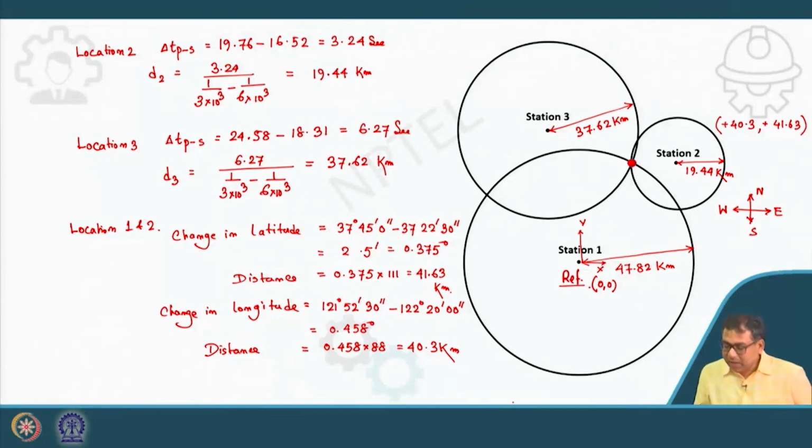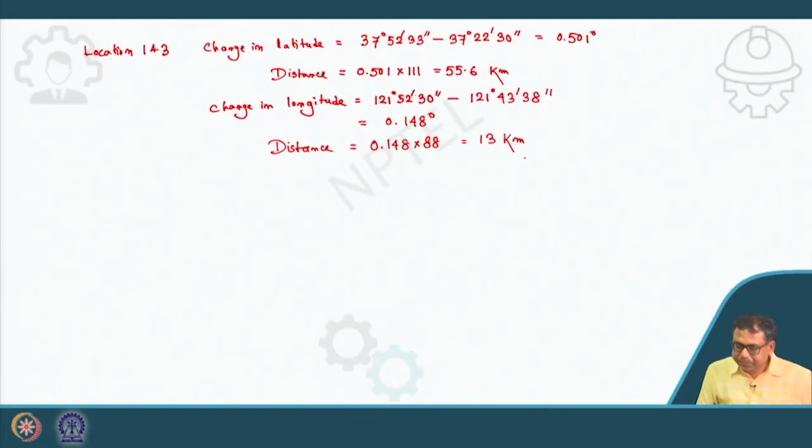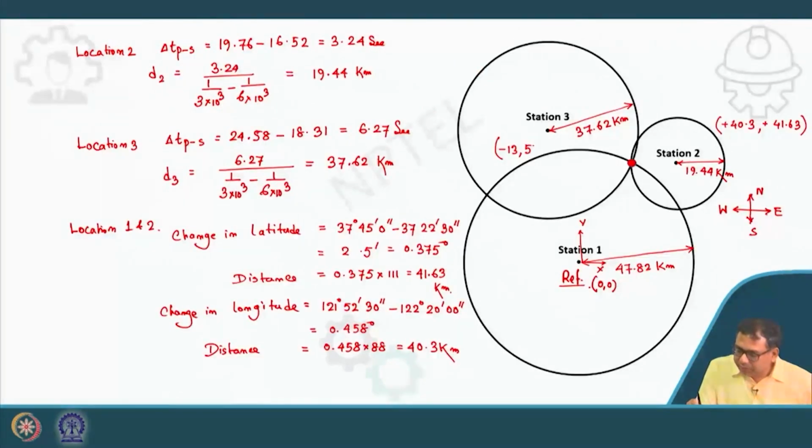Okay, and for this station 3, your x coordinate will be minus 13 and y coordinate will be towards the north, 55.6.